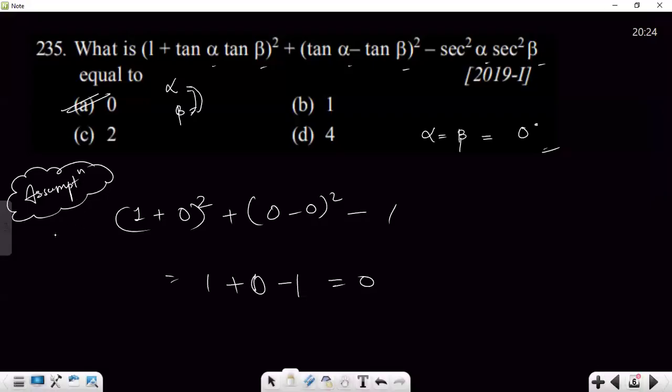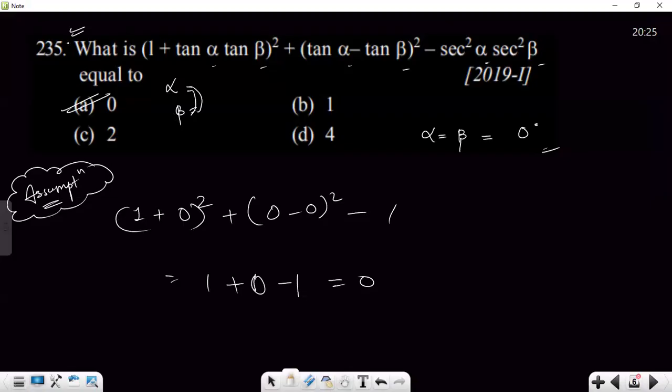And yes, this is how we can solve questions easily by assuming. How can we assume? By observing the question, the options, and what is being asked in the question. Are there any doubts? No, sir.